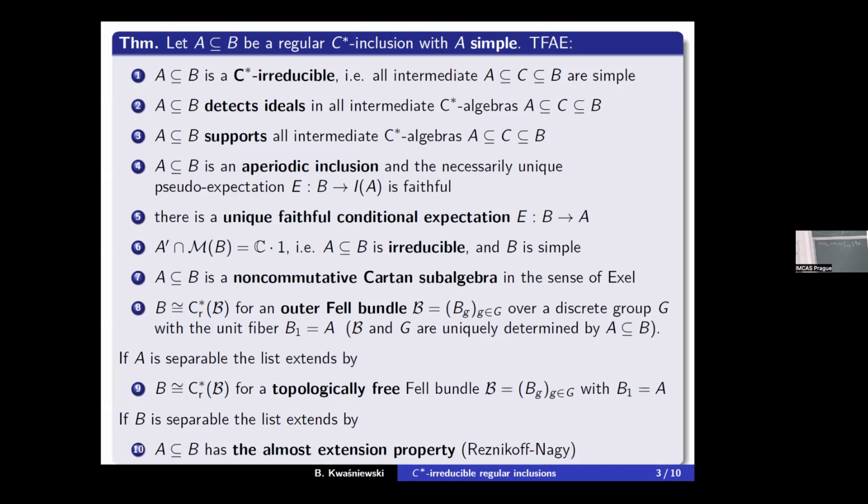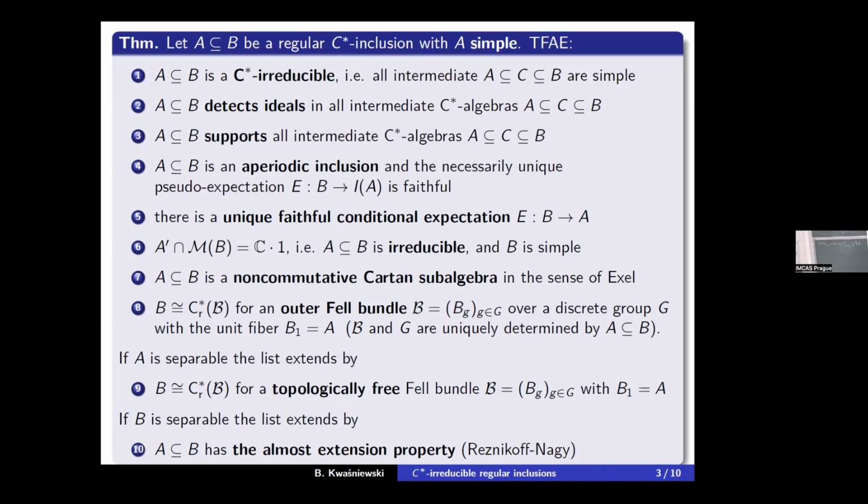Yes, I mean, maybe I didn't make it clear, but this Fell bundle over this group is uniquely determined by the inclusion. Right. So, just going ahead, these Cartan inclusions, defined axiomatically by Renault, we have described them with Ralph as such inclusions coming from Fell bundles over inverse semigroups.